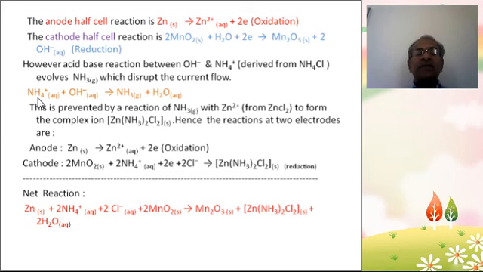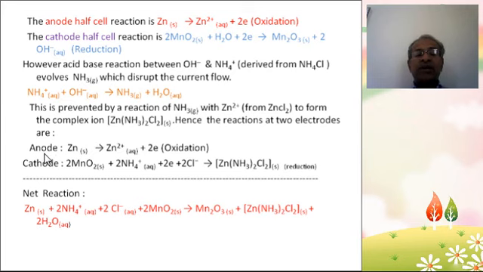So here NH4+ ions react with the OH- ions to form ammonia gas along with the formation of water, and this is prevented by a reaction of the ammonia gas with the Zn2+, which is derived from the zinc chloride, to form the complex ion zinc ammonium dichloride. Hence the reactions at the two electrodes are.